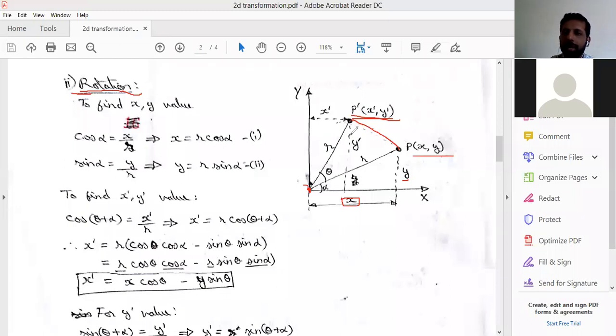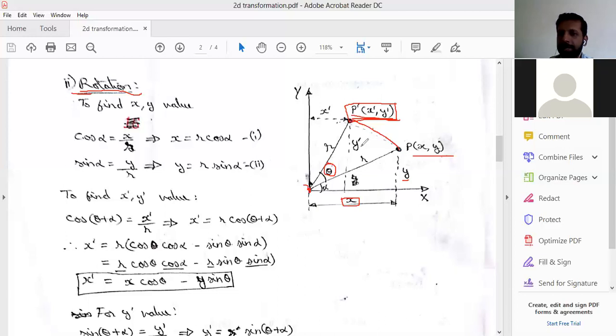Now it has to be rotated from the center of rotation by an angle of theta, so that the new value will be x dash comma y dash. If we know the angle, then we can find out the new coordinate after rotation. But we should know what the angle of rotation is.